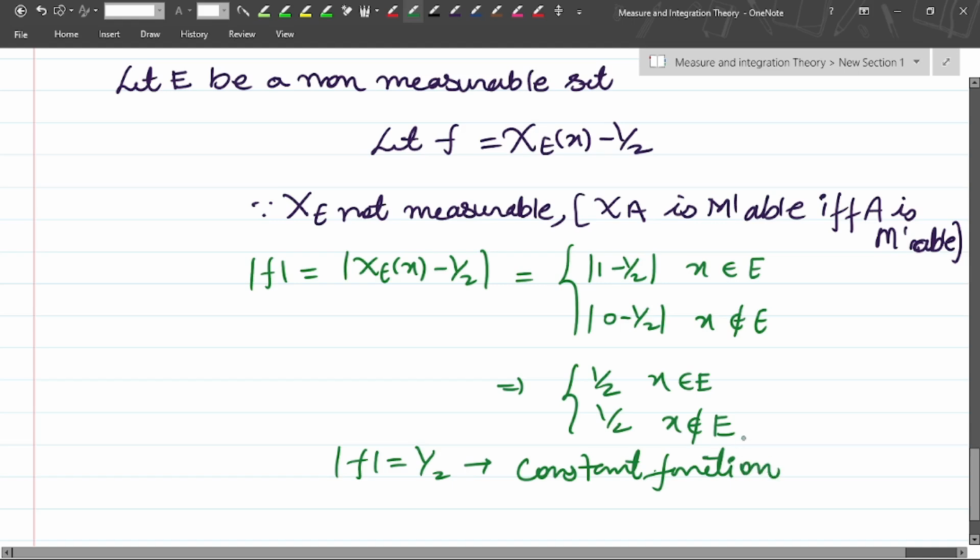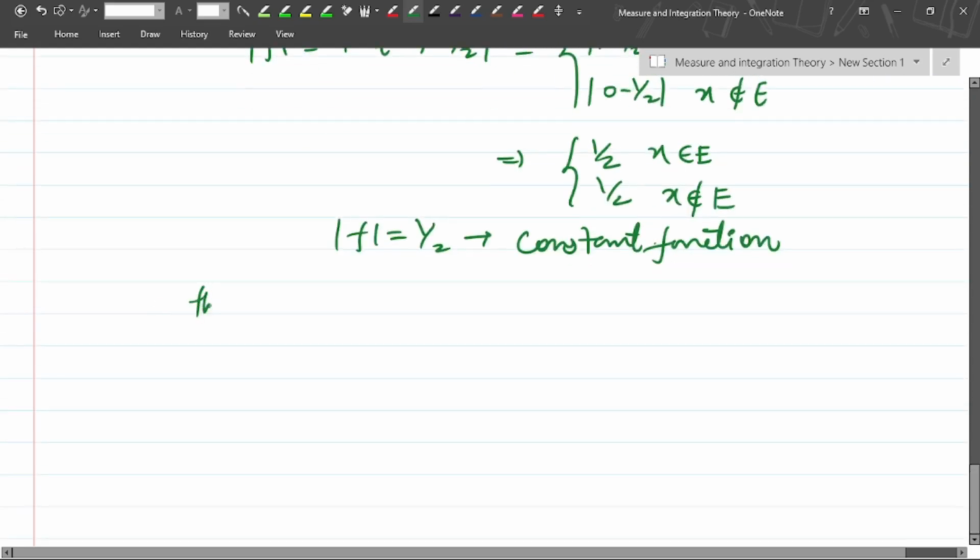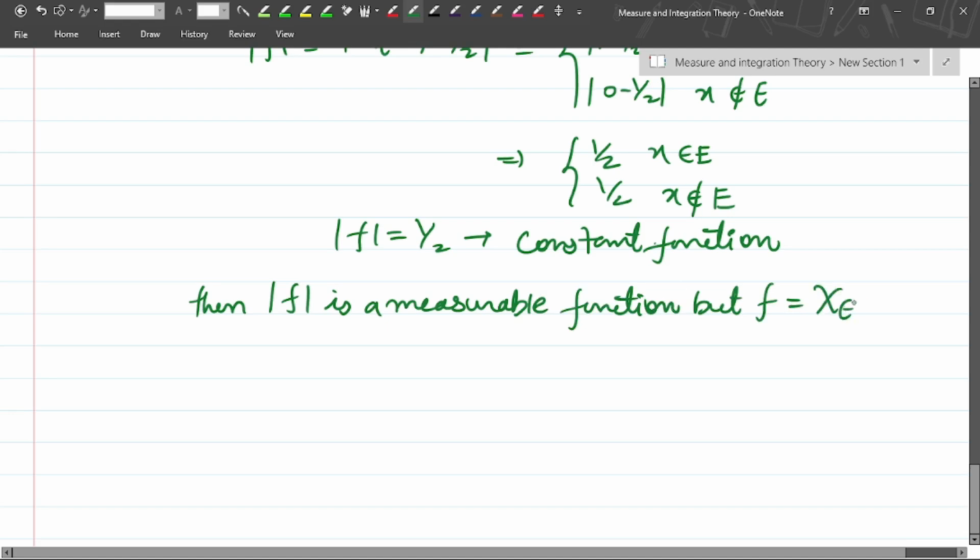If it is a constant function, then it is measurable. Then mod f is a measurable function, but f is equal to chi of E minus 1 by 2, which is not measurable. So this is a contradiction.